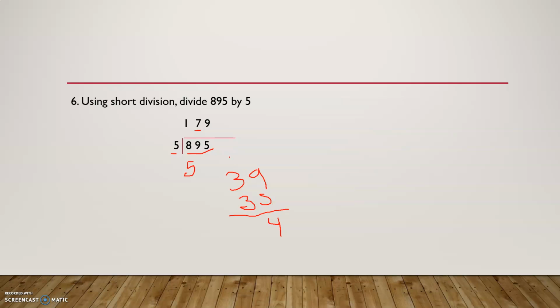And then 45 will go 9 times. So answer is 179. Yeah, so that's how we do the short division.